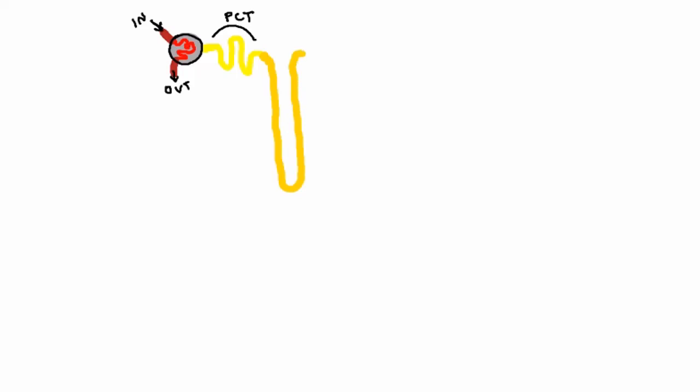And then that loop of Henle turns into the distal convoluted tubule. So here's the DCT, and here's the LOH, the loop of Henle. And this out right here, this efferent arteriole, continues on going out, and it comes around and starts wrapping around the proximal convoluted tubule.